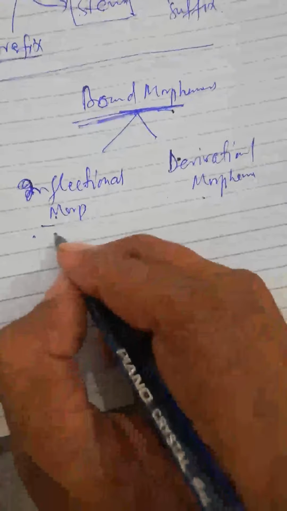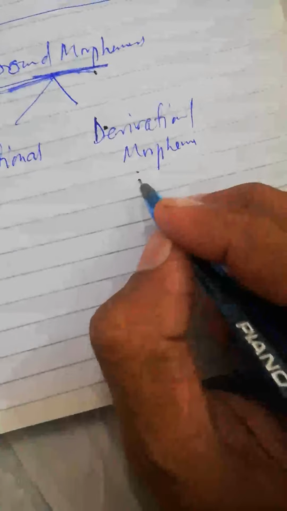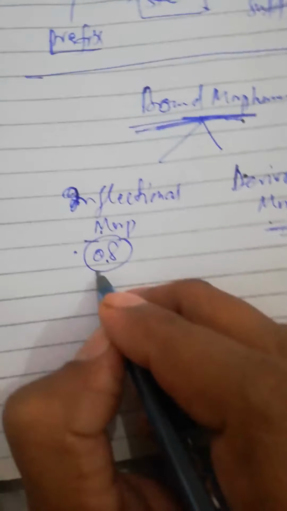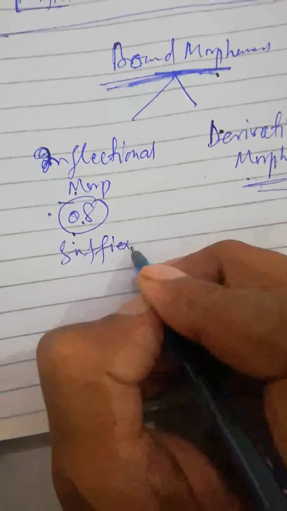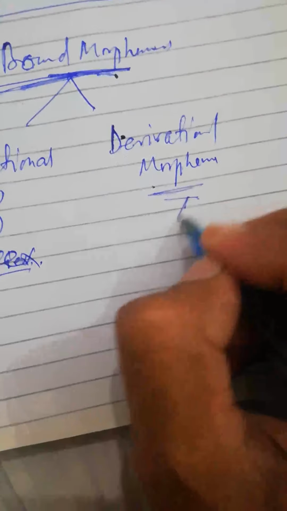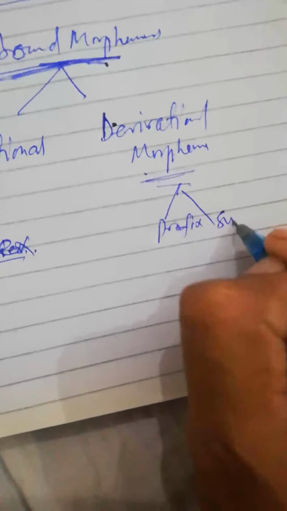Inflectional morphemes are fixed in English, they are 8, but derivational morphemes are not fixed. Inflectional morphemes are all suffixes. Each one of them is a suffix, while derivational ones can be prefixes and suffixes.